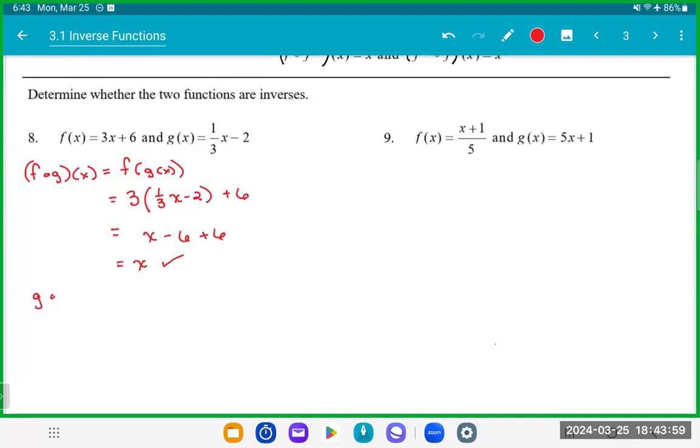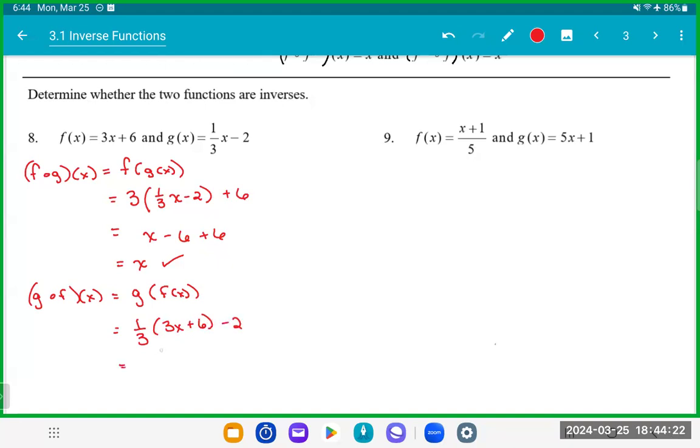We have to test g of f of x. We're taking our g function and substituting in our f of x function. So my g function is 1/3 x, plugging in my whole f function, minus 2.